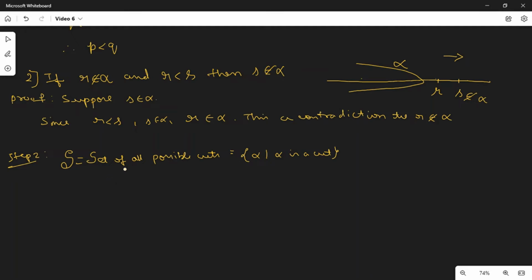If you collect all the cuts, every cut is the representation of a single real number, isn't it?